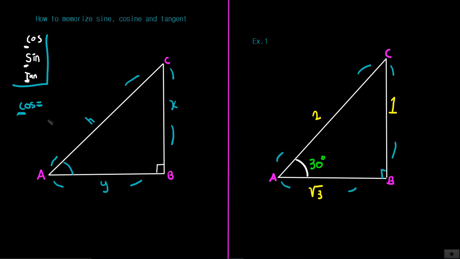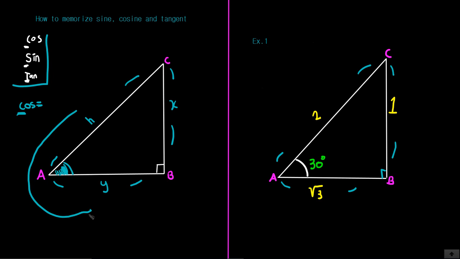The important thing about this right triangle is the location of the central angle, because it defines the locations of sine, cosine, as well as tangent. For cosine, we use C, and all we have to remember is that we always start from the hypotenuse and go all the way down to the y.